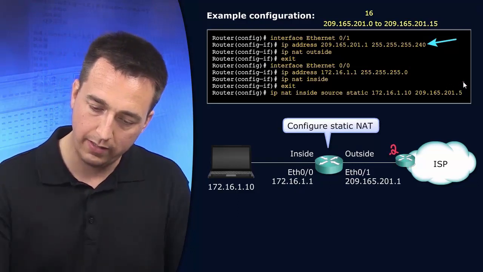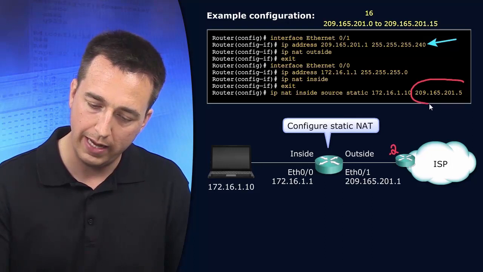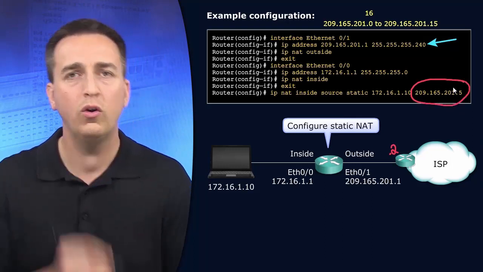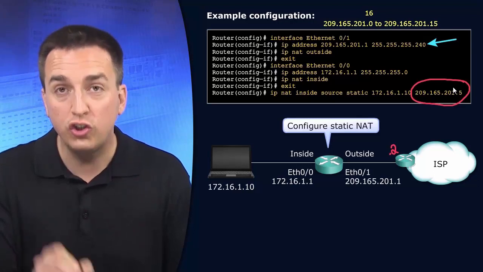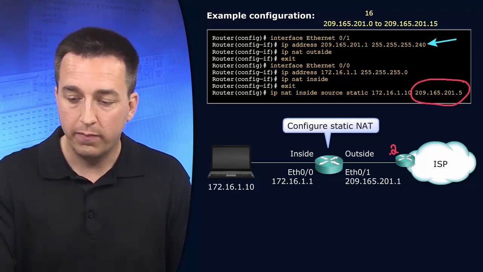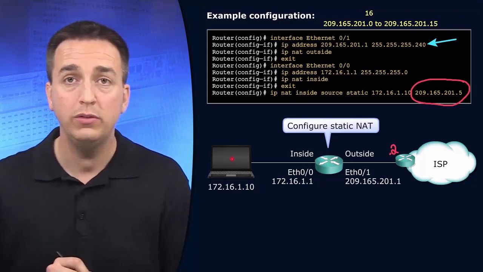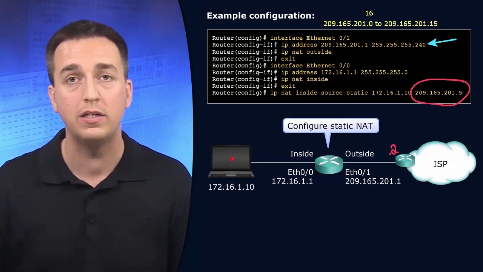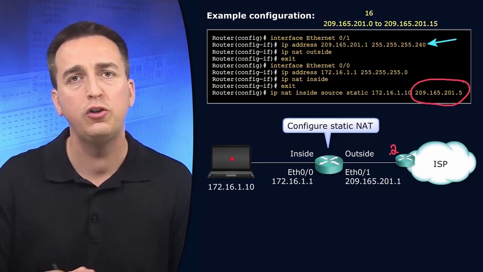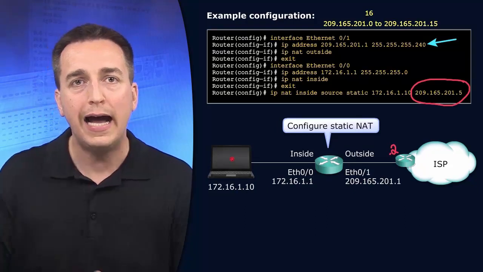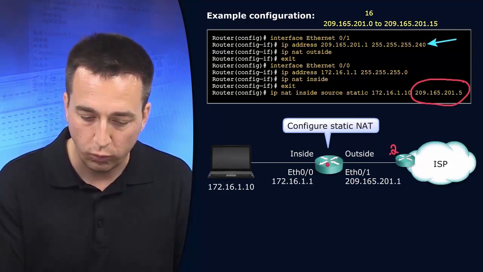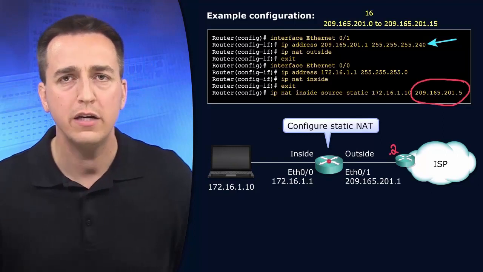Is this a valid public IP address? What do I mean by valid public IP address? Well, if the source address that this PC is using, 172.16.1.10, is being translated to 209.165.201.5 as it's going through this router and then being sent to the internet.